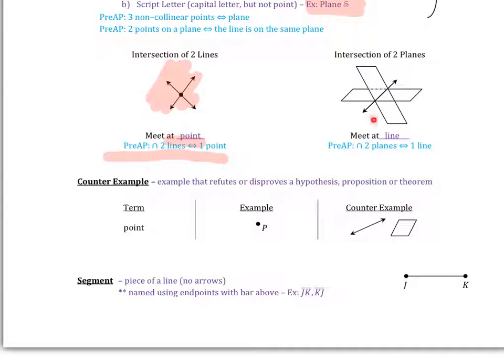The intersection of 2 planes would be a line. You can use that upside down U to write for intersection. The intersection of 2 planes is a line.